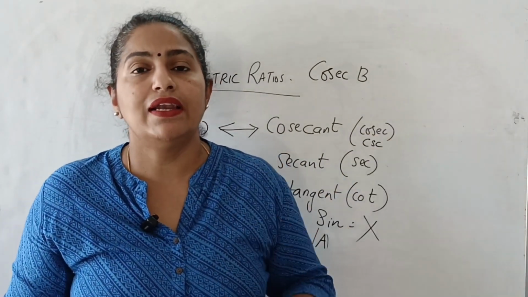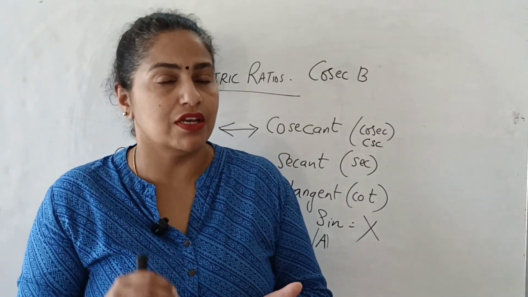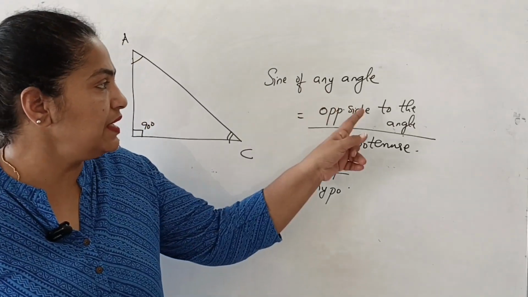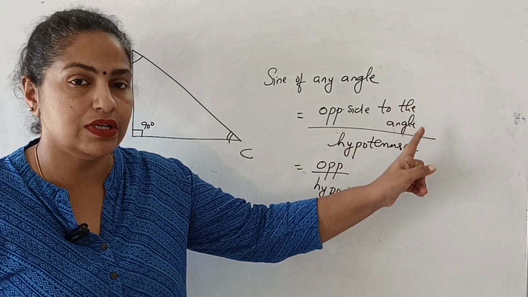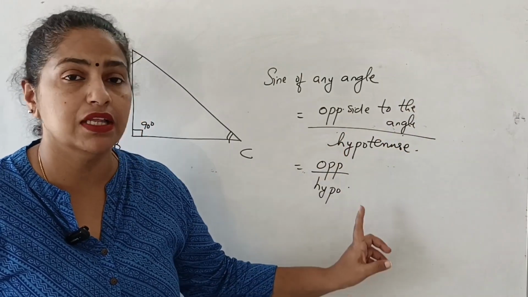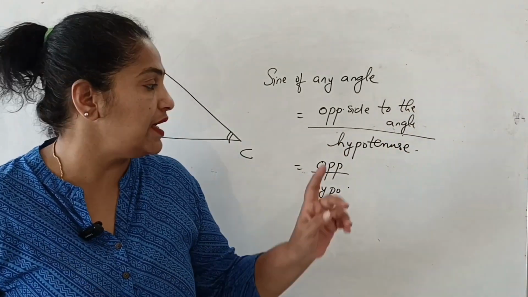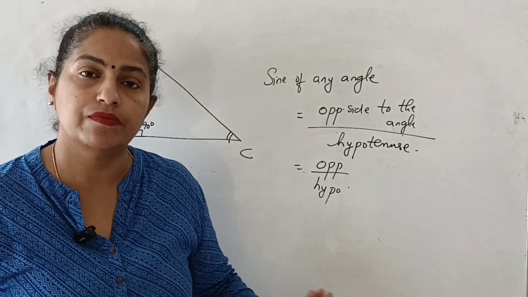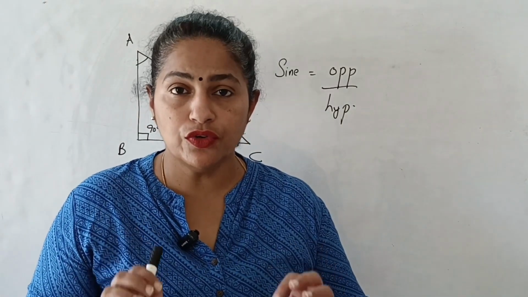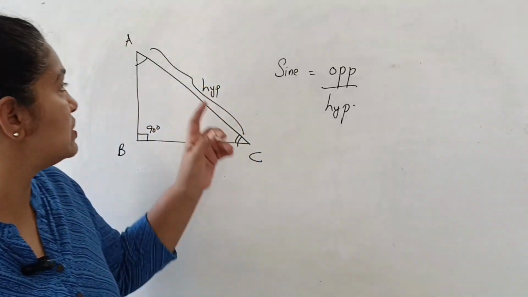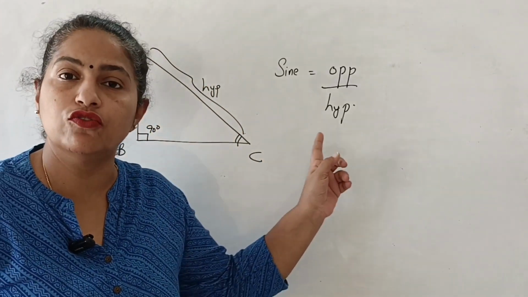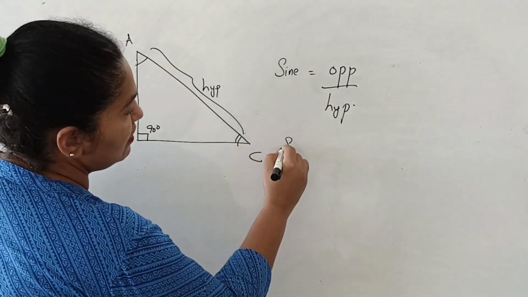Okay. Now, let us move on to what each trigonometric ratio means. Sine of any angle is defined as the ratio of the opposite side to that angle which we are taking by the hypotenuse. For ease, we write it down as opposite by hypotenuse. Okay. Now, you know the definition of the sine of any angle. Let us write down the values of sine A and sine C using this definition. So, what is sine A?